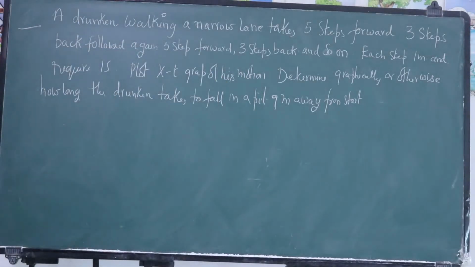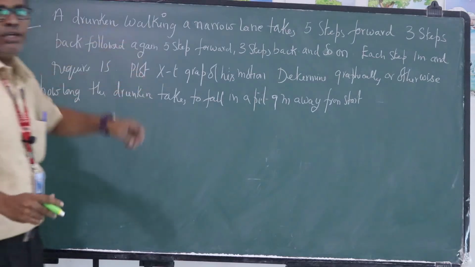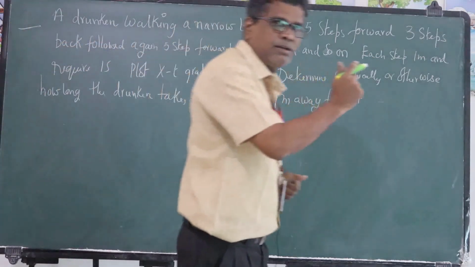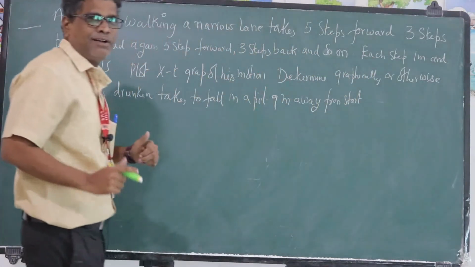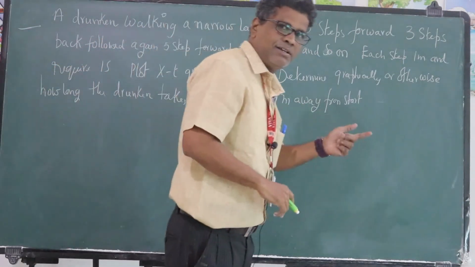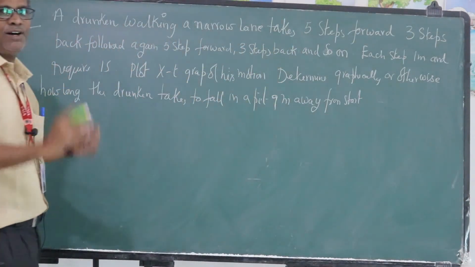We have to draw a drunkard moving 5 steps forward and 3 steps back, and again 5 steps forward, 3 steps back, and so on.